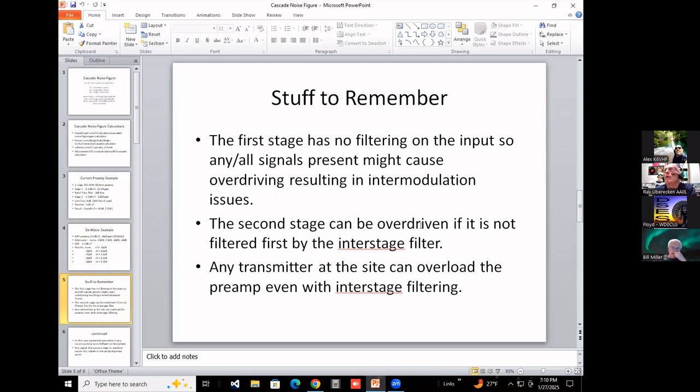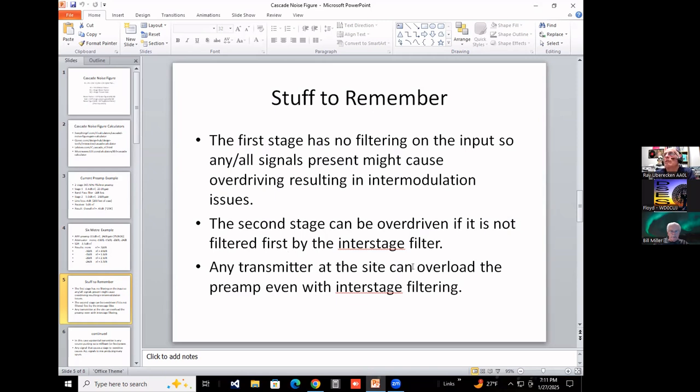The second stage can be overdriven if it's not filtered first by the interstage filter, and there you're getting rid of anything, in our case, below about 300 megahertz, and everything above 400 megahertz. But anything in that range can certainly cause overdriving of particularly the second stage and the SDR down in the building.